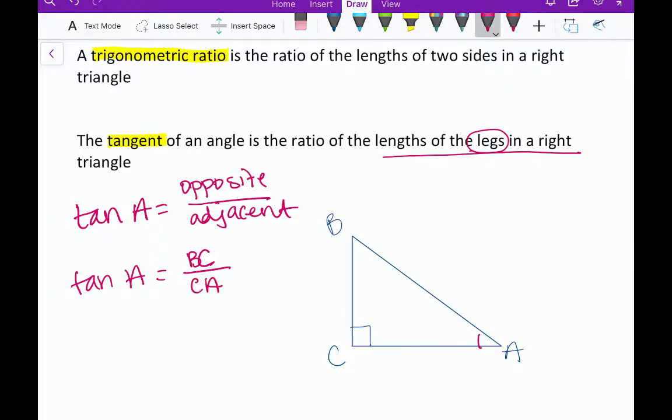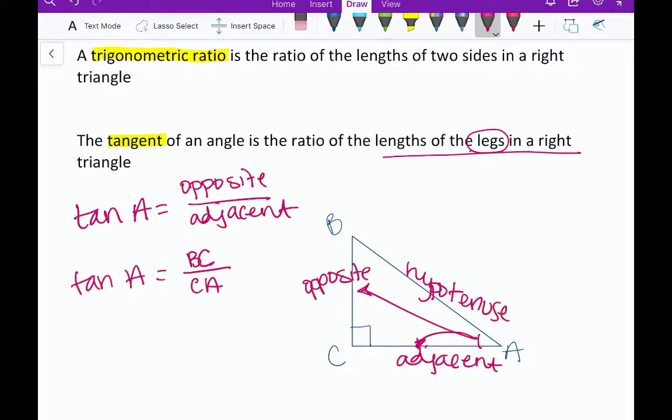If this is angle A, this is opposite, and this side is adjacent. Notice that I'm not using the hypotenuse because technically the hypotenuse is adjacent to angle A, but it's specifically called the hypotenuse, and that's not what I mean here when I say adjacent.